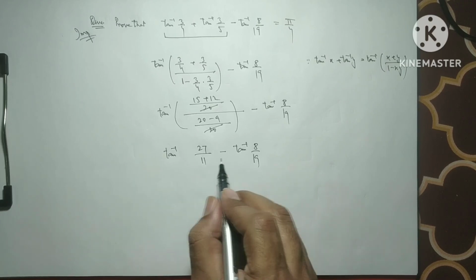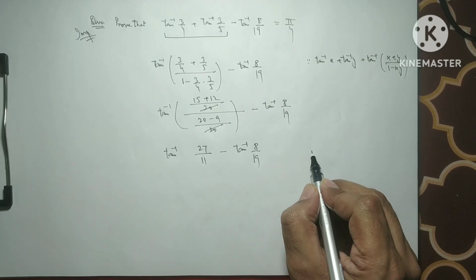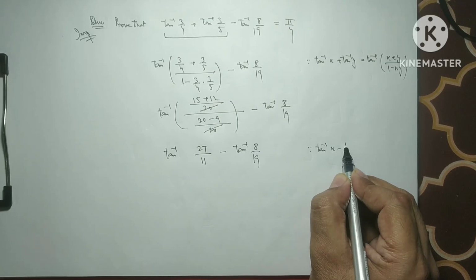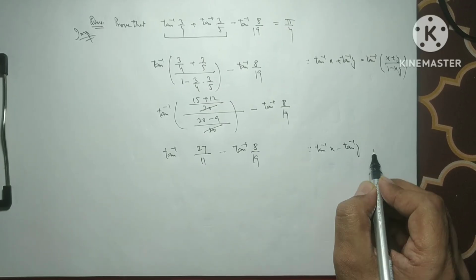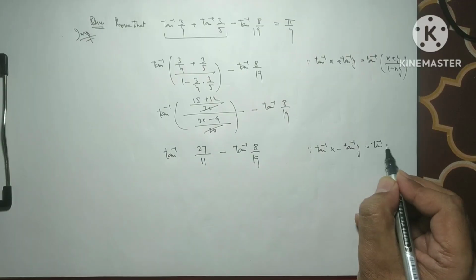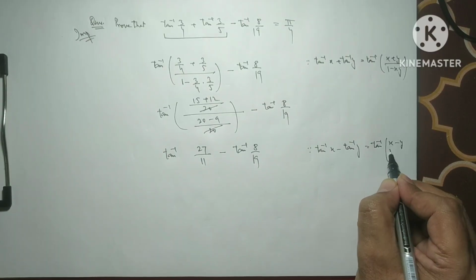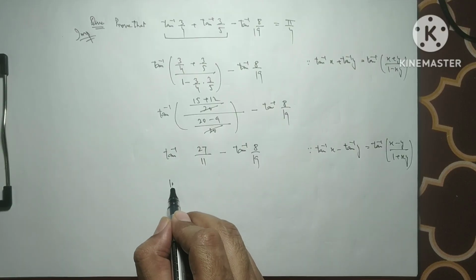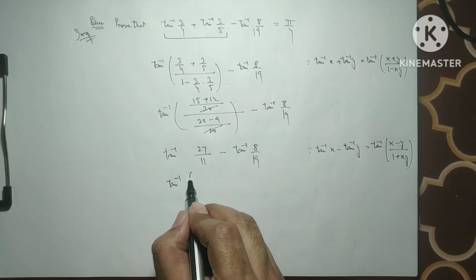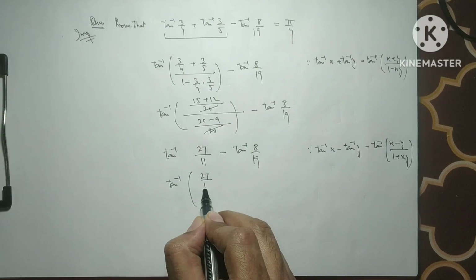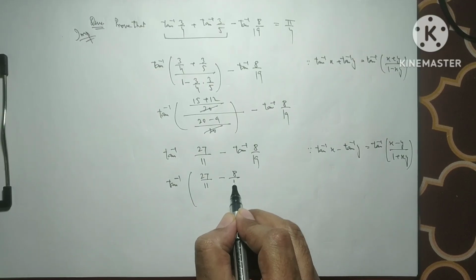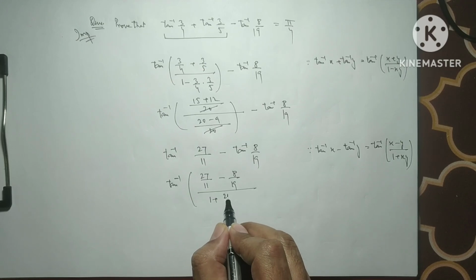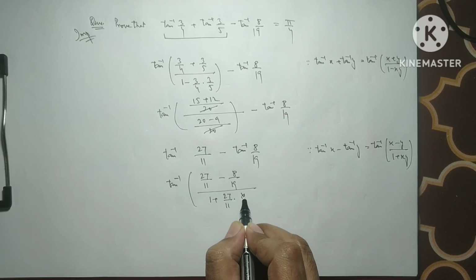So right now you have the difference of 2 tan inverse, and according to the theorem, when we have tan inverse x minus tan inverse y, then we use tan inverse of x minus y over 1 plus xy. So it becomes tan inverse of 27 over 11 minus 8 over 19 over 1 plus 27 over 11 into 8 by 19.